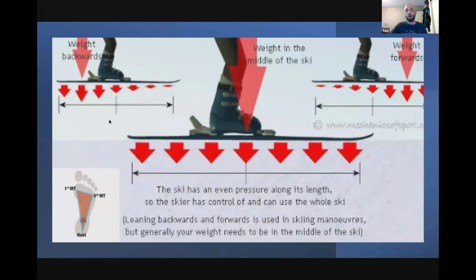The holy grail of what we're looking for is grip from the whole length of the ski here. And if we look down at the bottom left, you'll see the point that we're looking for. I like to think of this as our little bullseye of where we're trying to hit with our balance. And it's no coincidence that this little sweet spot is underneath the heel.